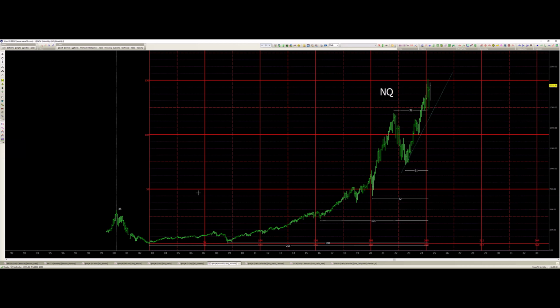So it'll keep things in balance if we make an actual correction, like a full square type correction back to full square. It just seems like it needs to balance it out. Otherwise, it looks a little too bubblish. So we'll see. We know the levels and we know what to watch.